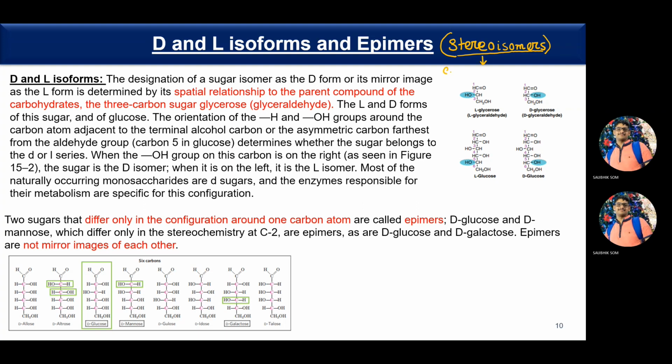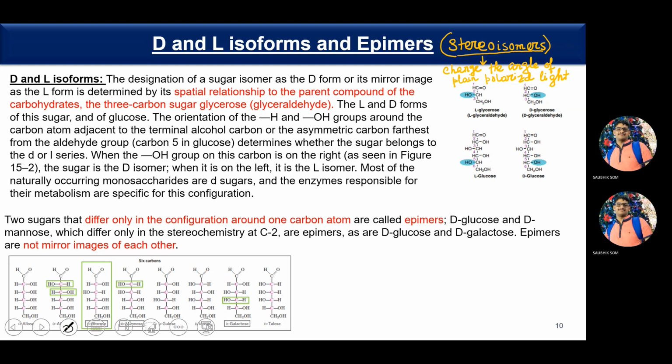Whatever changes the angle of plane polarized light, correct? These are all known as stereoisomers, correct? Whatever changes the angle of plane polarized light is known as a stereoisomer.